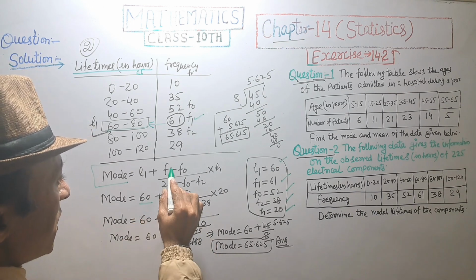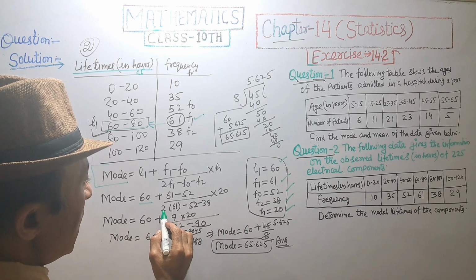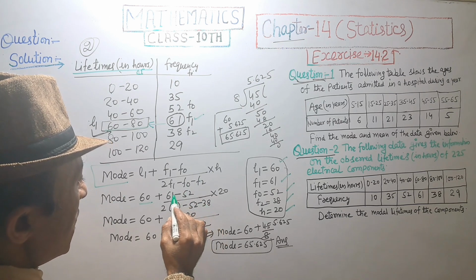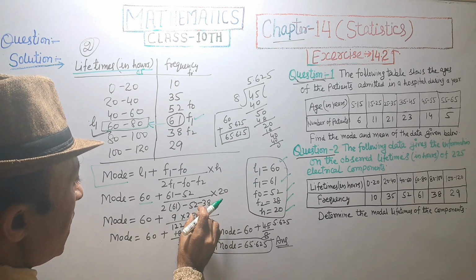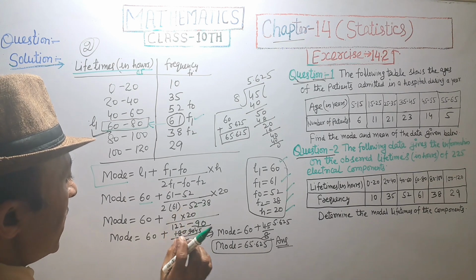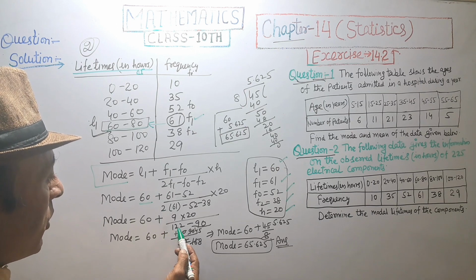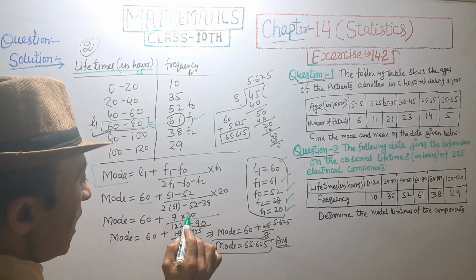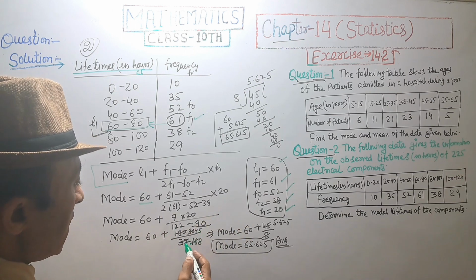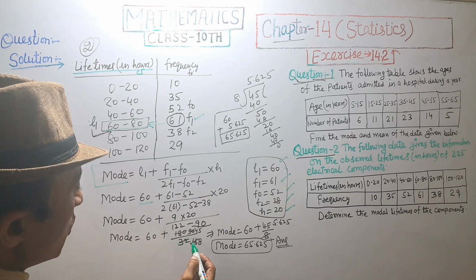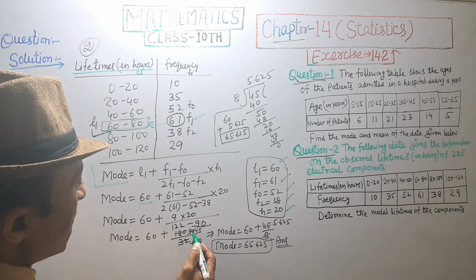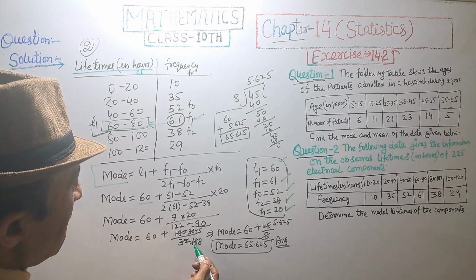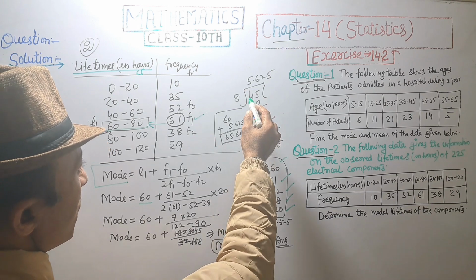L1 is 60 plus f1 is 61 minus 52 divided by 2 into 61 minus f0 is 52 minus f2 is 38. 61 minus 52 is equal to 9, multiplied by 20, is 180. 61 multiplied by 2 is 122, and 52 plus 38 is equal to 90, and 122 minus 90 we get 32, and 32 divided by 2, 16 twos are 32, and 180 divided by 2, 90 twos are 180, and 90 is divisible by 2 also, 45 twos are 90 and 8 twos are 16, but 45 divided by 8.